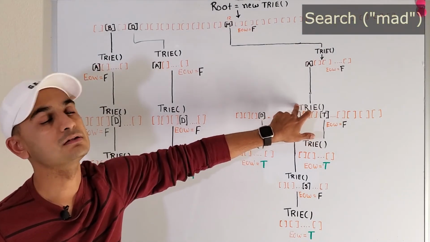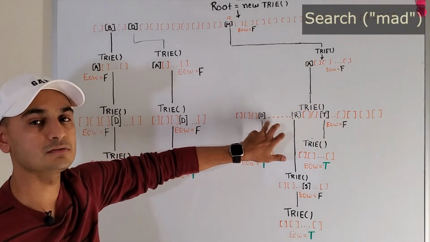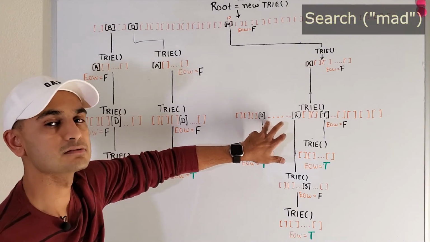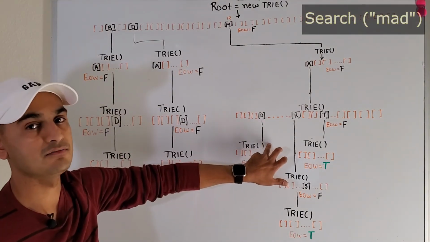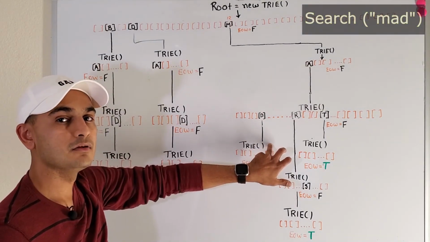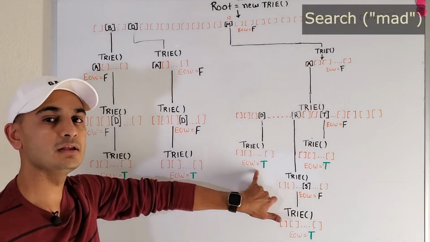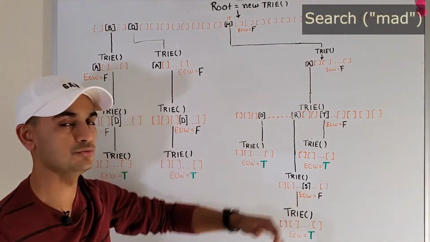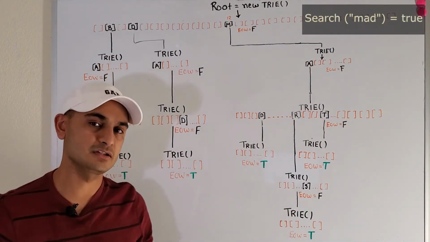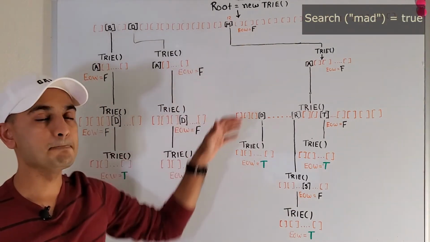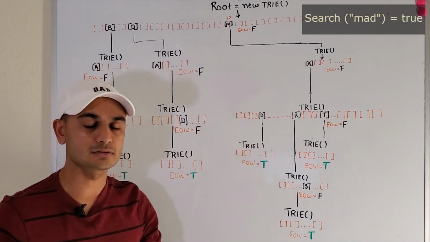Now we look at the 4th object in the children, which is D. Has it been initialized? Yes. So now after coming to this trie, since our letters are done, we look at the end of word property. Is it true? Yes, that's true. And then we return true from our search method, saying that yes, "mad" is there in this trie data structure.